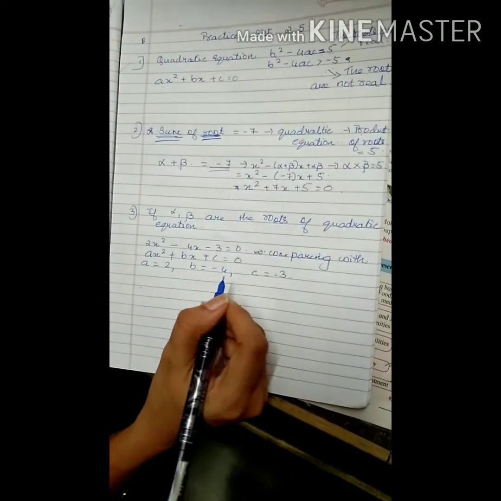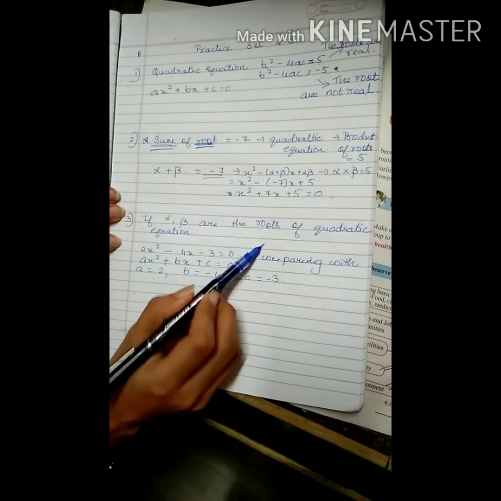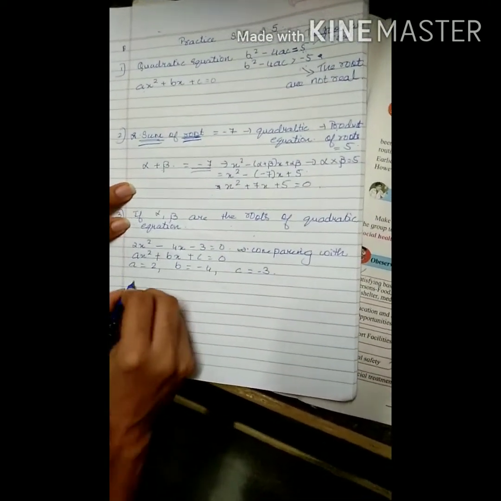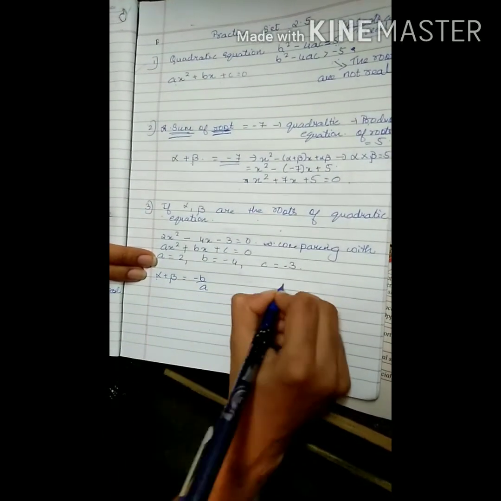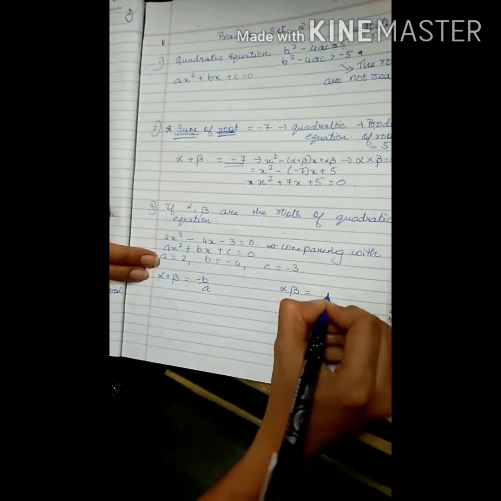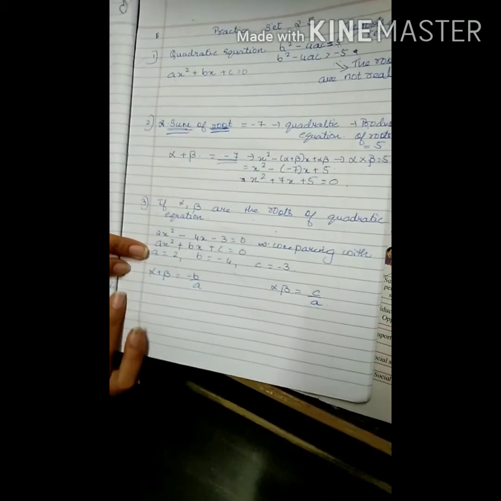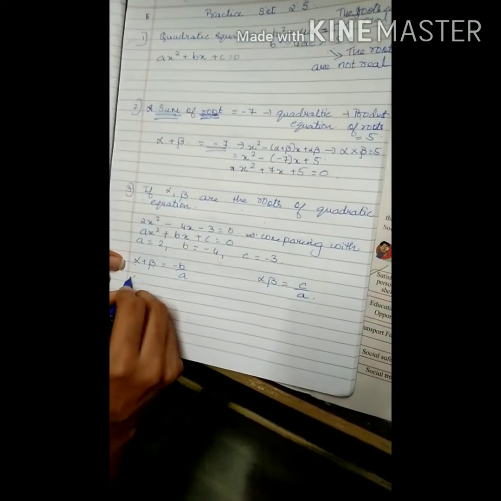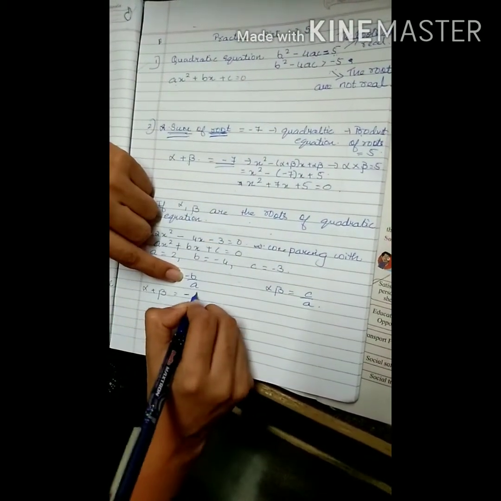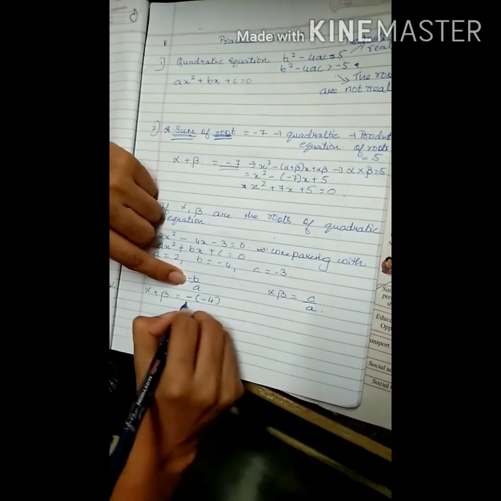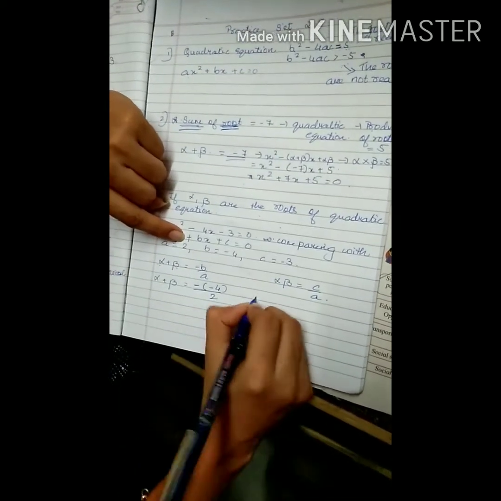Now if alpha and beta are the roots, first we'll find alpha plus beta. For this, the formula is minus b by a, and the product alpha into beta, the formula is c by a. Now the alpha plus beta term will remain as it is. Instead of b, substitute minus 4, the minus sign will remain, minus minus is plus 4 upon 2.